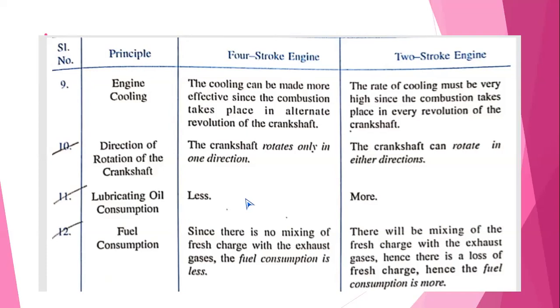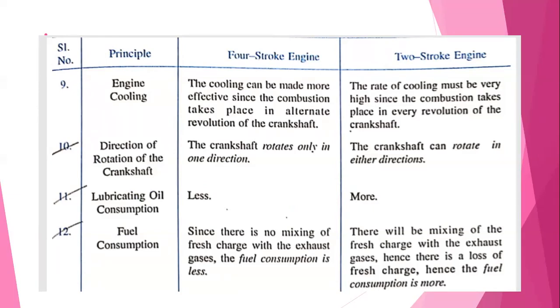All engines require lubricating oil because the friction between the piston and the cylinder is very, very high. In order to avoid the generation of heat between the cylinder bore and the piston, lubricating oil is used. With lubricating oil, you can reduce the friction between the piston and the cylinder.